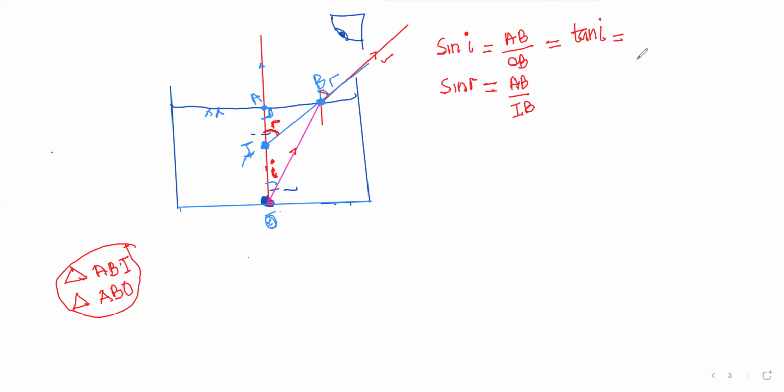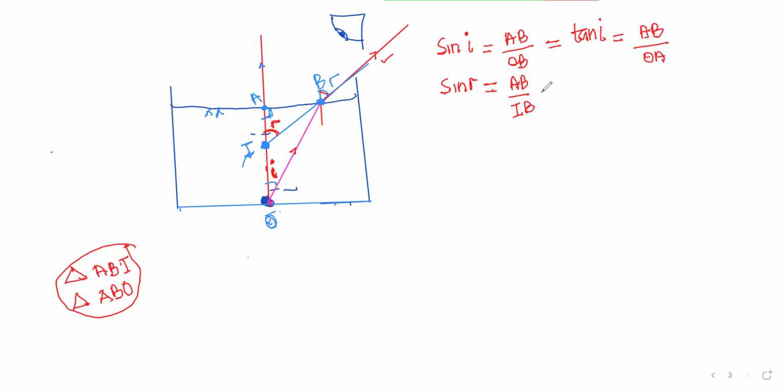Tan I. Let's not waste time, please. Yasmin: opposite over adjacent. So AB on AO, or OA.